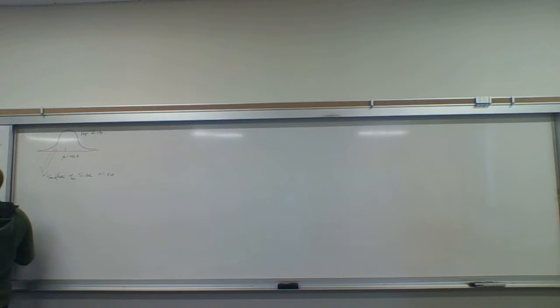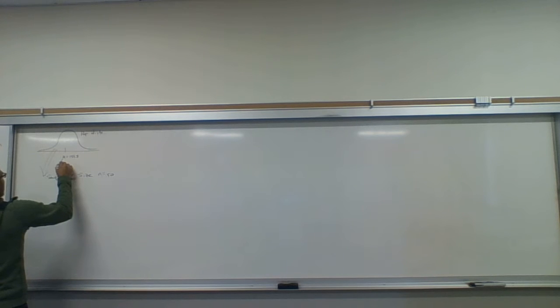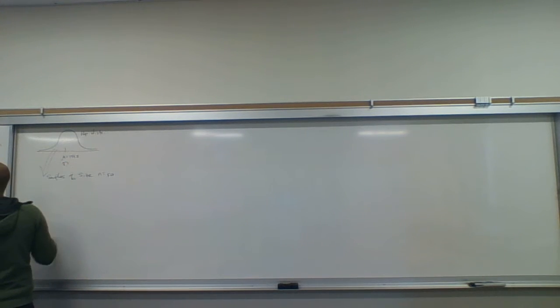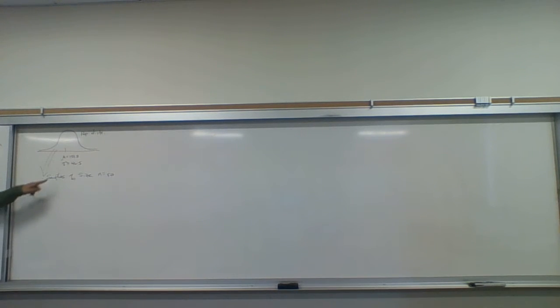And what about the standard deviation, sigma? We're going to make the assumption that this is equal to 46.5. And we're assuming that's true because it comes from the sample. And then this is our null hypothesis.